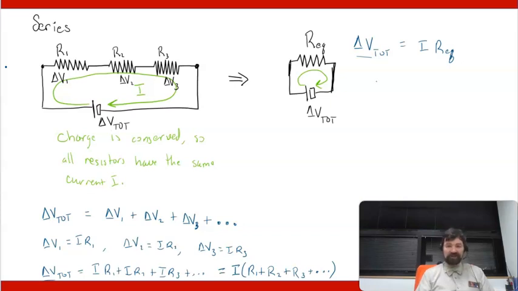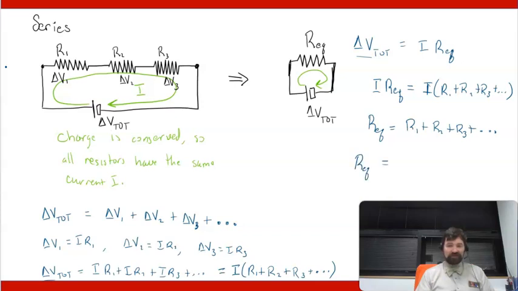And so what that means is that I times R equivalent is I times R1 plus R2 plus R3, etc. And so if I divide an I out of both sides, then I just end up with R equivalent is R1 plus R2 plus R3, etc. Or if you prefer summation, you'd have the sum of the RJs. So that's the series circuit.